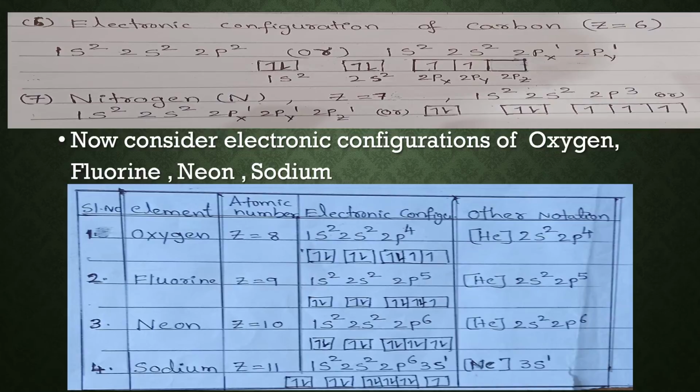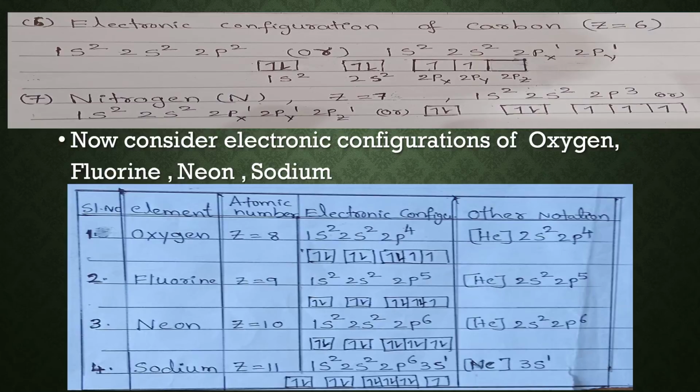Now, electronic configuration of neon: 1s2, 2s2, 2p6. Let us take sodium. Z equals 11. 11 electrons are there in sodium atom. 1s2, 2s2, 2p6 is the neon electronic configuration.